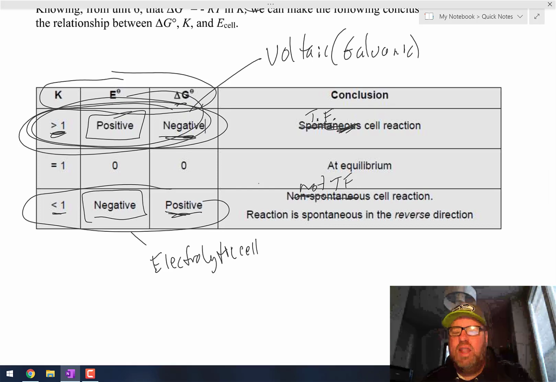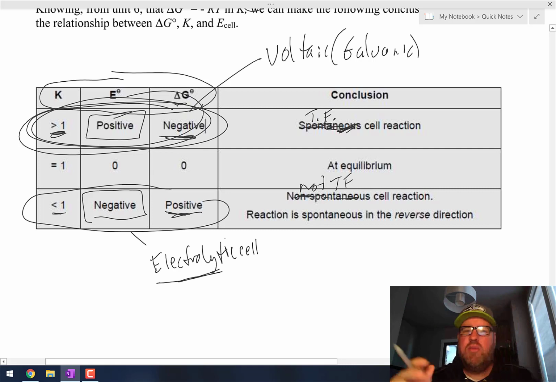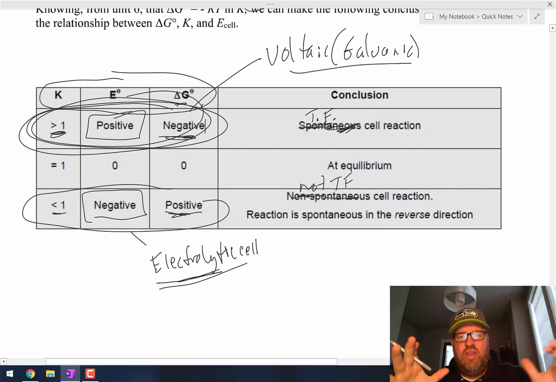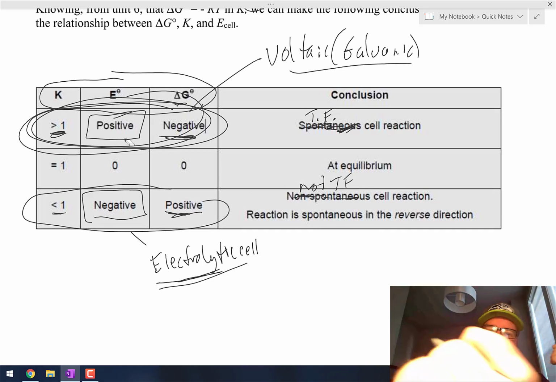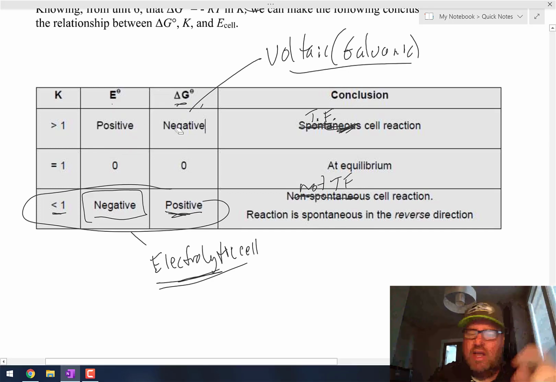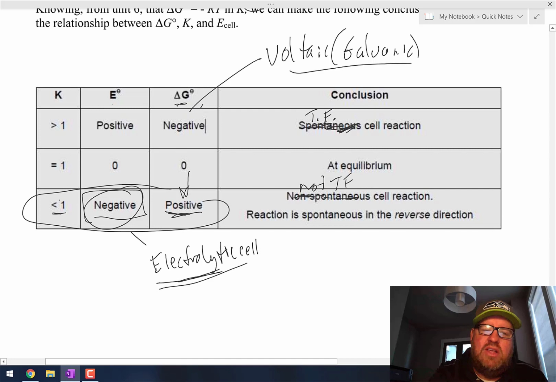Don't confuse electrochemical with electrolytic. Electrochemical is just every kind of cell: voltaic, galvanic, or electrolytic. Within the electrochemical cells, there are the voltaic galvanic cells, where the cell potential is always positive, and then there are the electrolytic cells where the cell potential is always negative, delta G is positive, and K eq is less than 1.